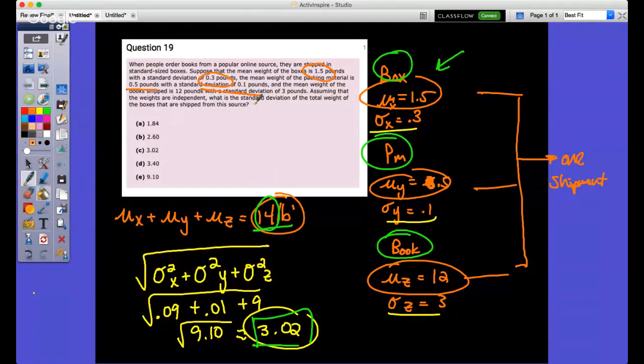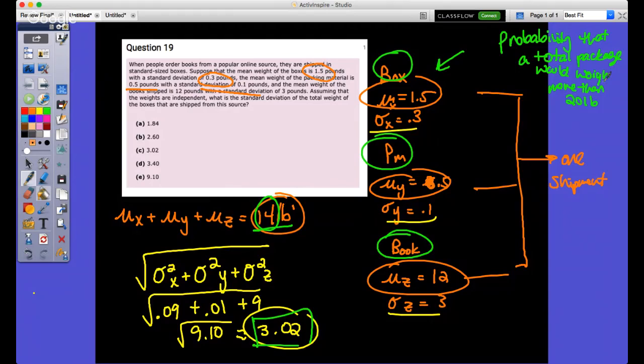Based upon what was given here. But let's just say that out of this whole thing, we want to ask, what is the probability that a total package would weigh more than 20 pounds, okay?